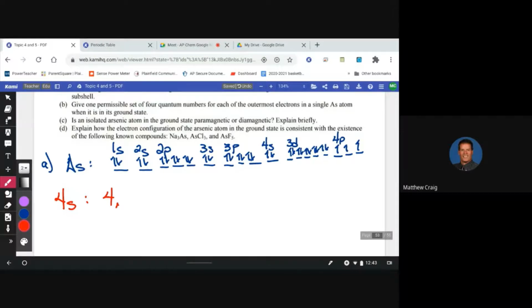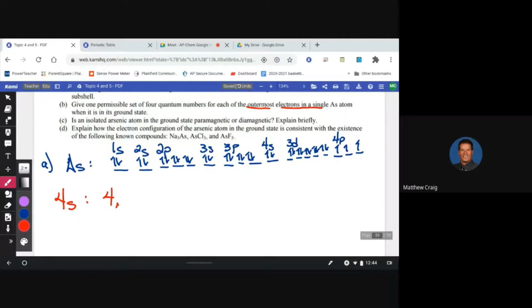Because it says for each of the outermost electrons. So the outermost electrons are in which row? 4, the row that they're in. Why wouldn't you do 4p? We will. Don't worry, we will.